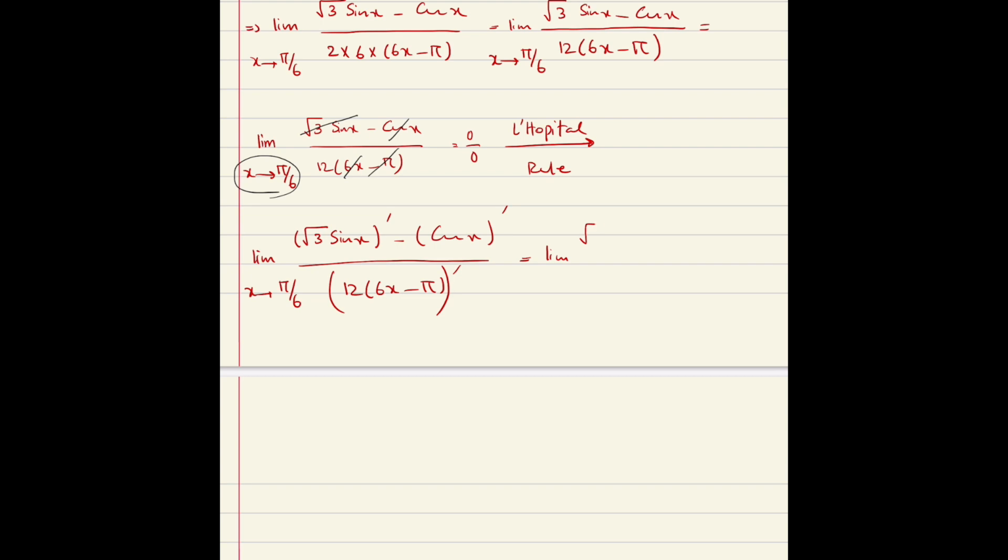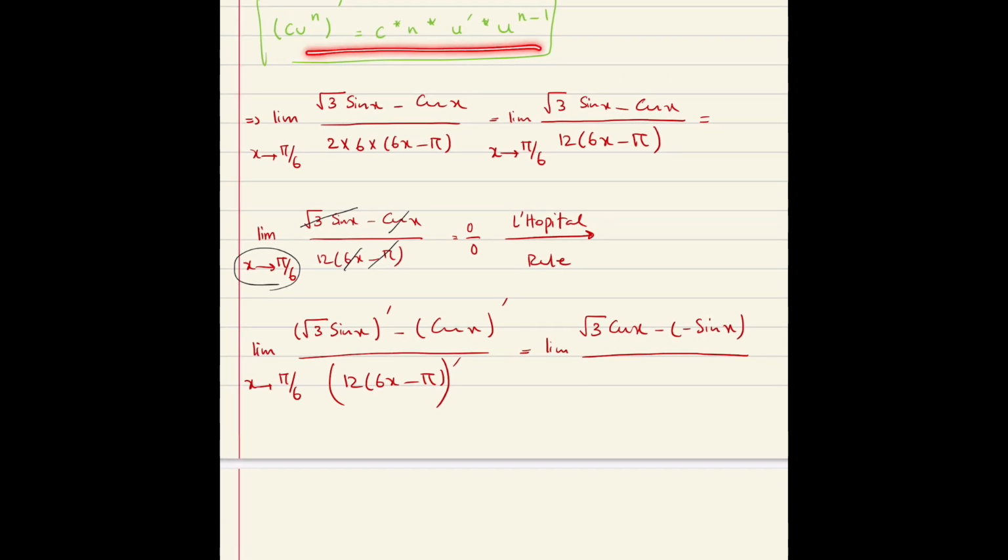So the derivative of root 3 sine x is equal to root 3 cosine x, minus negative sine x, over, again I'm going to make use of this formula, 12 is the c, u is 6x minus pi, and the n is 1. So the denominator would be 12 times 6 times (6x minus pi) to the power 0, or 1.